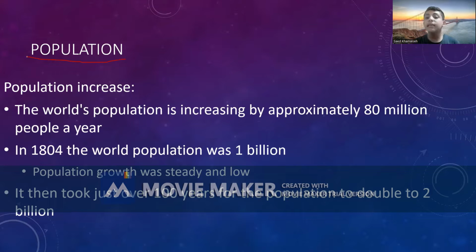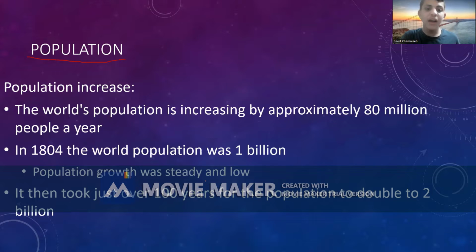So, population increase: the world population is increasing by approximately 80 million people a year, which means around 80 million, maybe less than or greater than 80 million.